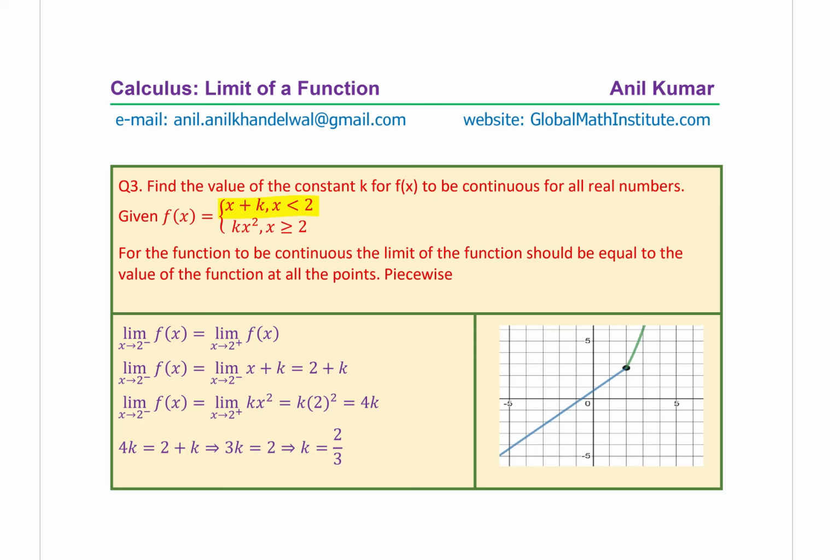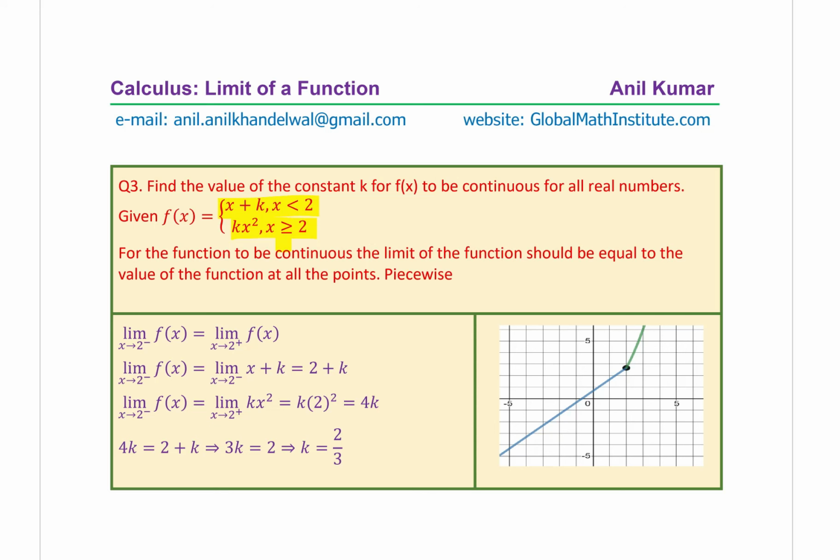So for x less than 2. The other piece is kx squared, quadratic, on the right side of 2. The value at 2 is the value corresponding to the second piece. So this is very important. Where is the value included? In the second piece. So there is a possibility of the two pieces to be together at 2.